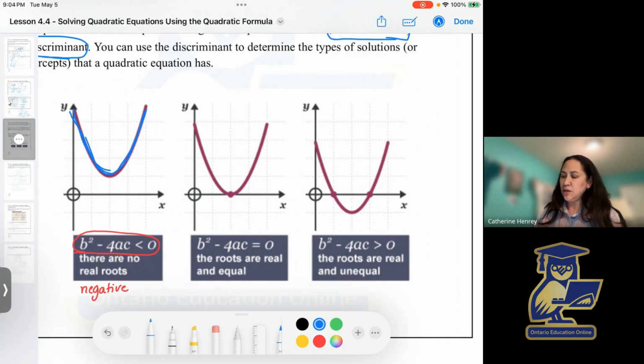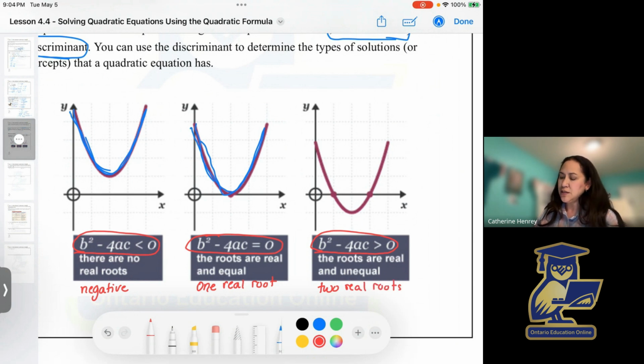Then you have a situation where the parabola can touch the x-axis just at one spot. This is a situation where the discriminant equals 0. So when the discriminant equals 0, you have 1 real root, or real solution. Then finally, if we have b squared minus 4ac is greater than 0, then there are 2 real roots.